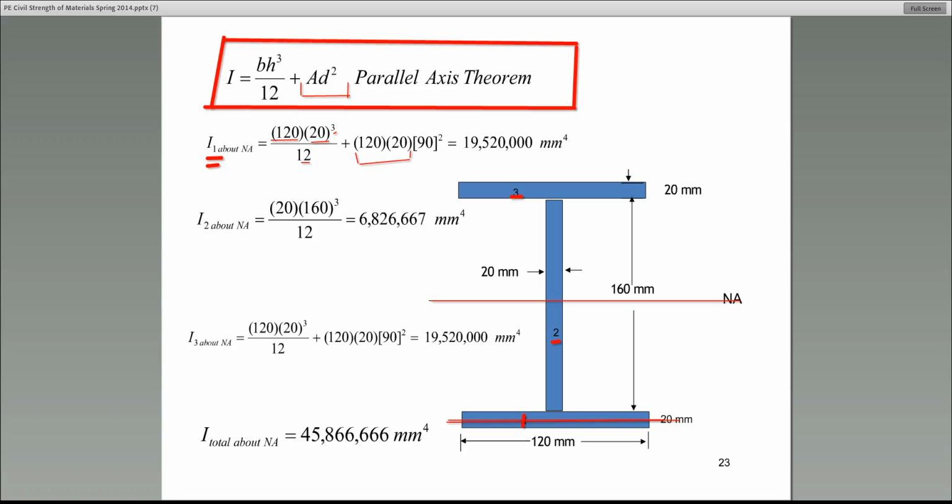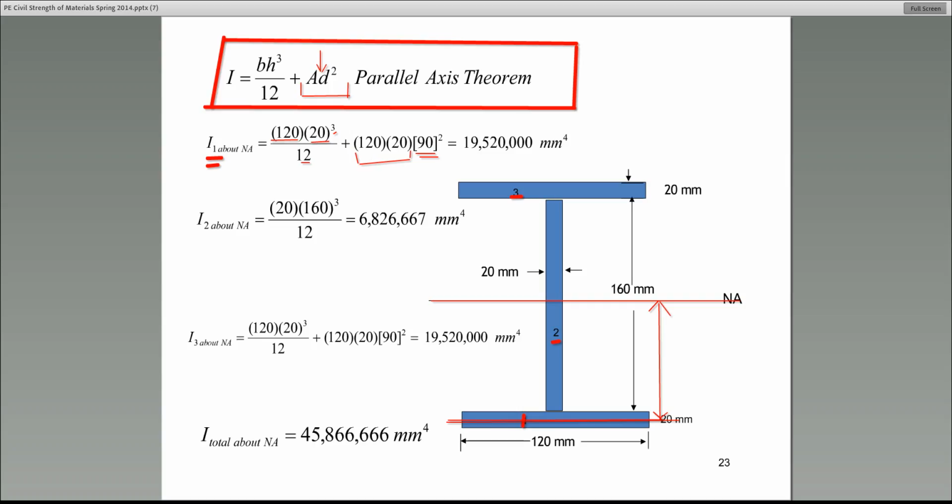What about D? D in this equation is the distance between the centroidal axis of segment 1 measured from the neutral axis of the composite section, the entire thing. So D in this case would be 90. Does everybody see where I got the 90? That's basically 100 minus 10.